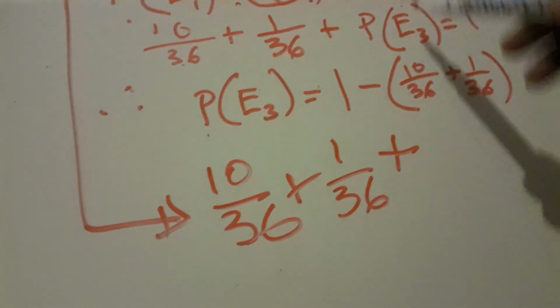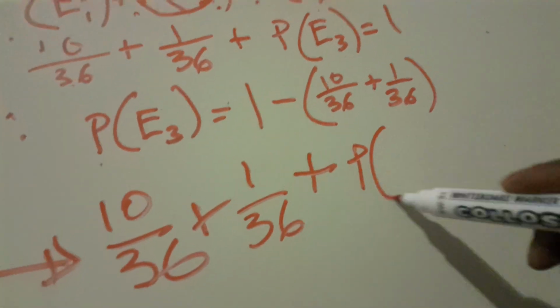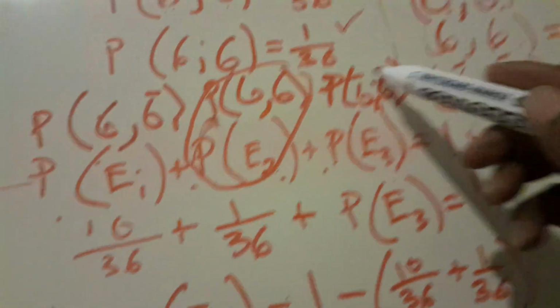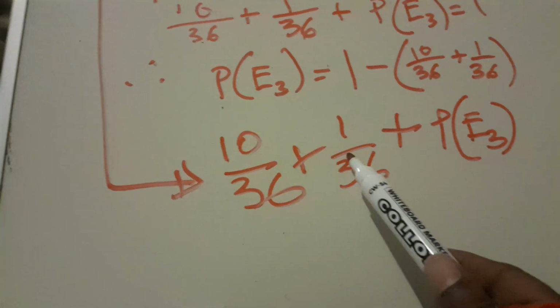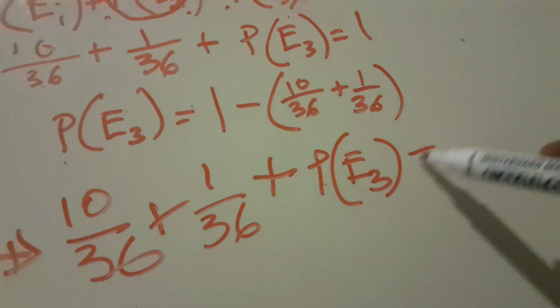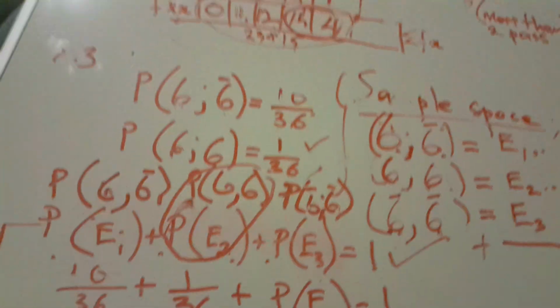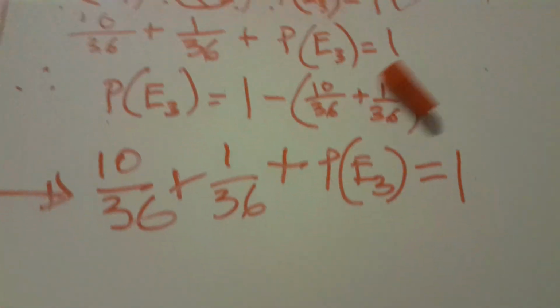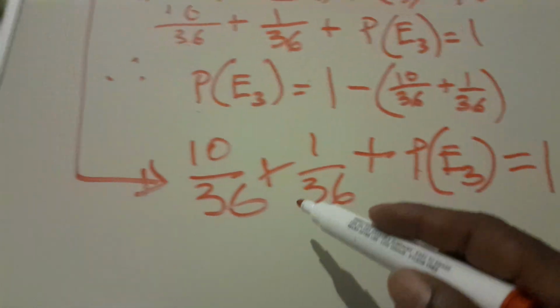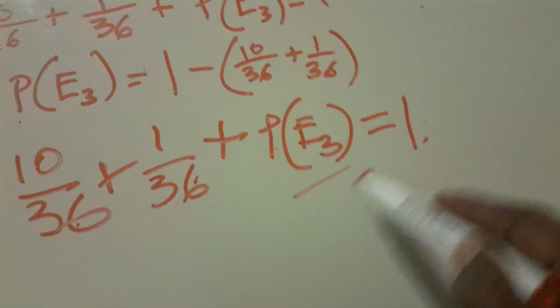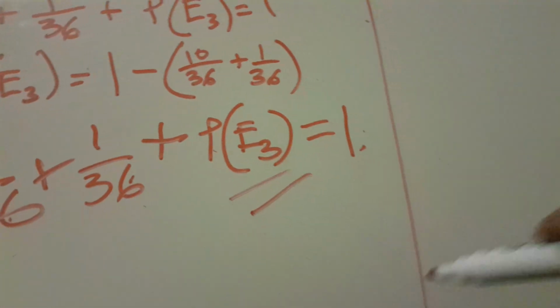Then plus the probability of event 3, which we don't know and are to calculate, not a 6 and not a 6. When I add these 3 probabilities, I'm supposed to get 1. Meaning that I will be able to solve this problem, because when you add these 2 and subtract from 1, you will get the probability here. That's exactly what we are going to do.